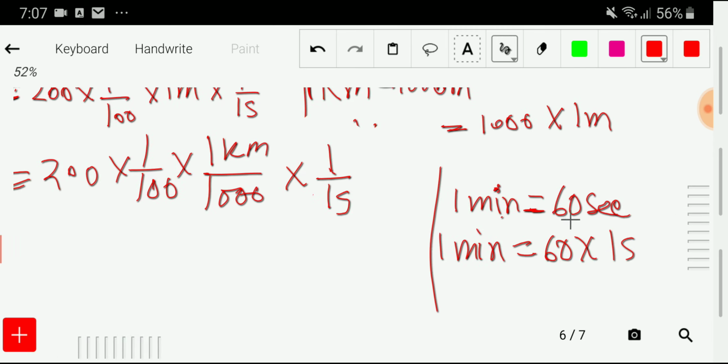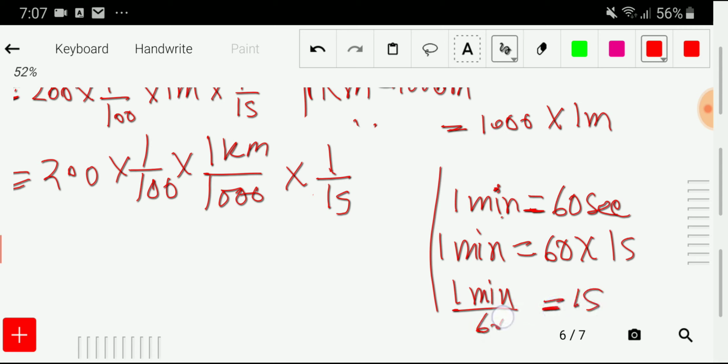Then 1 minute divided by 60 equals 1 second.